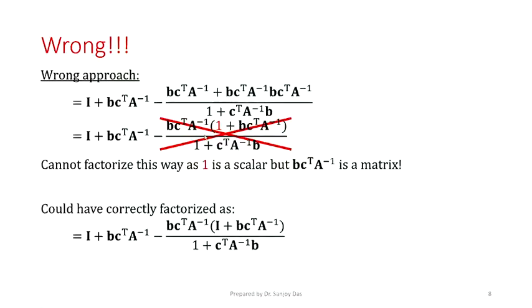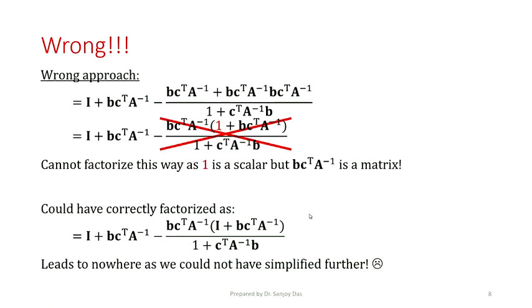So when I take this out, BC transpose A inverse, instead of writing a 1 here, I can write an I. But then what happens? It leads nowhere. What do I do next? This is a matrix, and this is a scalar. I cannot do any cancellations or anything. So although this step is correct, it leads nowhere. We cannot simplify any further. So when you solve these problems, you need to strategize properly.